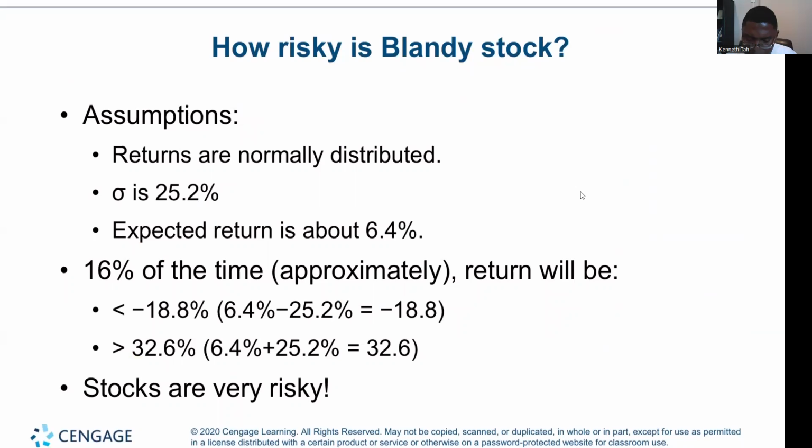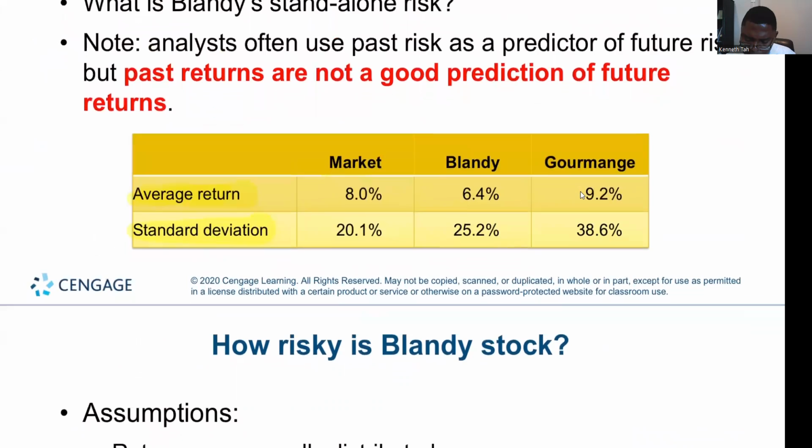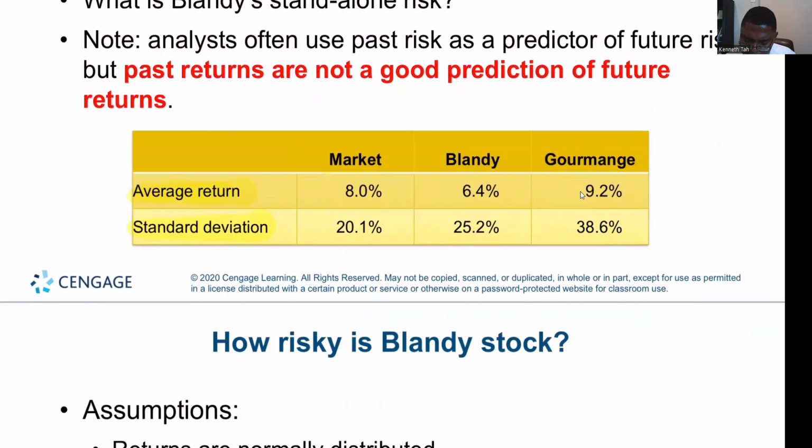The expected return is about 6.4%. So in general, stocks are risky. Blandy has a higher standard deviation, and Gomash also has quite a high standard deviation. So for both companies, their standard deviation is higher than that of the market.